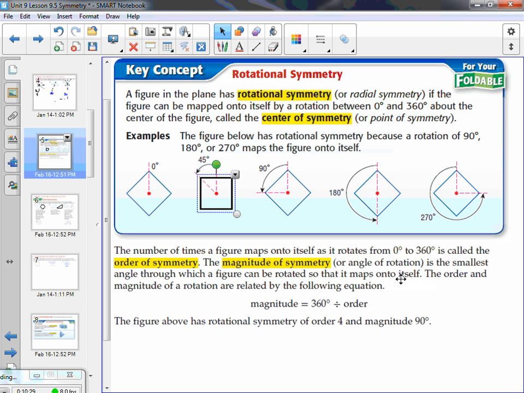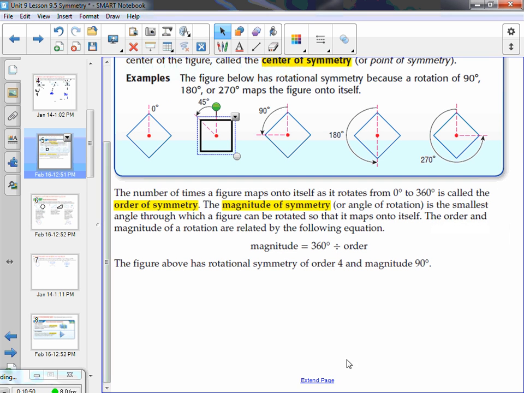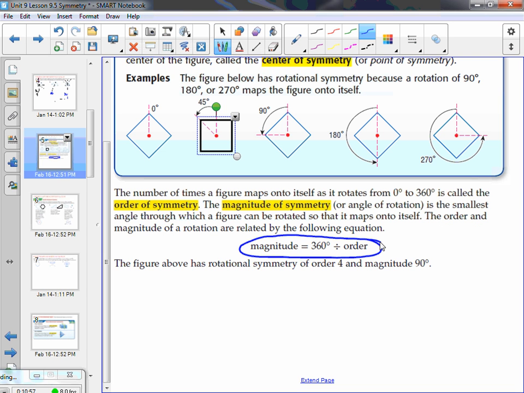And then the magnitude, well, that's the degree measure of each of those rotations that maps the figure onto itself. So 90 degrees, 90 degrees, 90 degrees, 90 degrees. All right, so 90 degrees is the magnitude. Now here's something nice. If you can figure out the order, you can figure out the magnitude. Or if you know the magnitude, you can figure out the order, because the magnitude is 360 divided by the order.